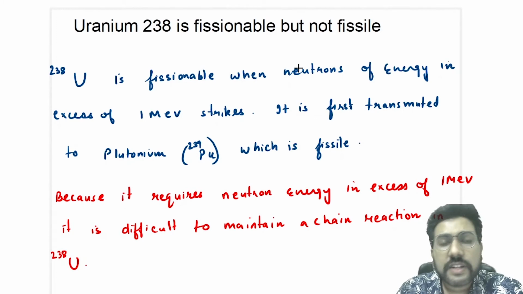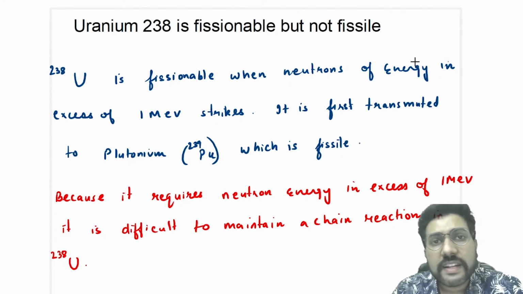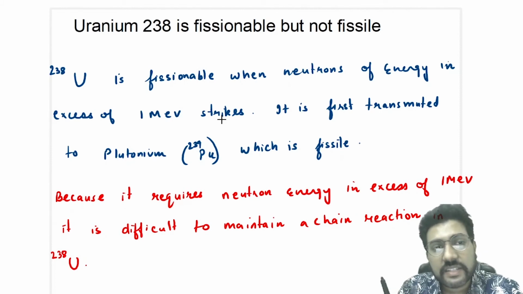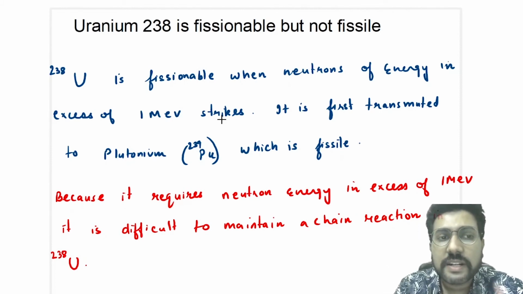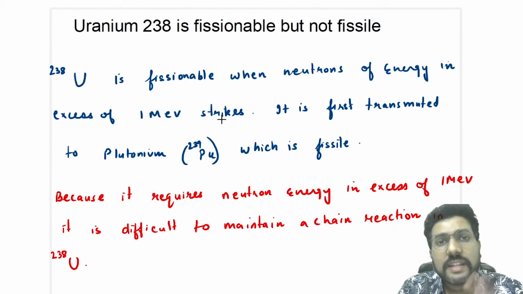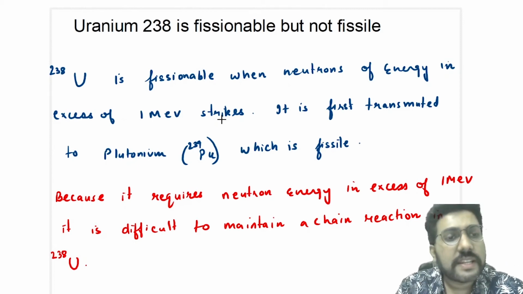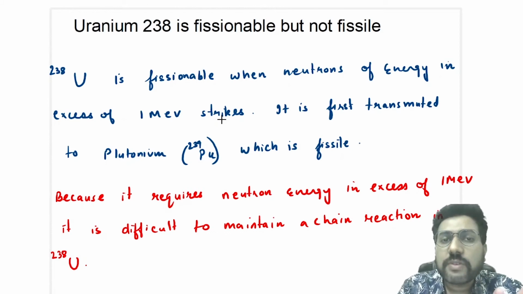It undergoes fission when neutrons of energy in excess of 1 mega electron volt strike this uranium-238. Whenever a neutron with high kinetic energy strikes the uranium-238 nucleus, it can perform fission. How it performs fission is, first this uranium-238 is transmuted to plutonium-239.